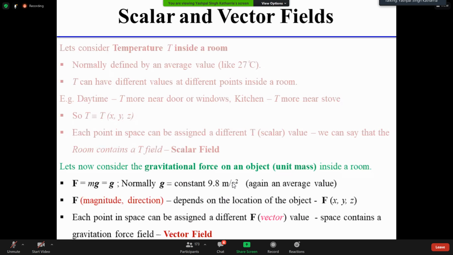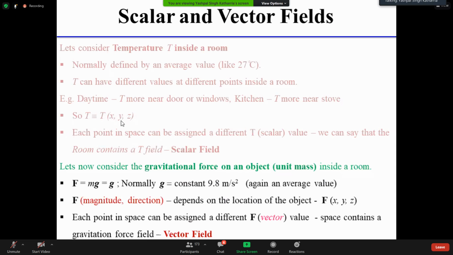If you slightly change the height, the value of g will also change slightly; it won't remain constant. So inside the room, at every point, the force changes with the point. Every point can be defined with a different magnitude and direction of force. That depends on the location of the object, and we can then consider this force to be a function of x, y, z.